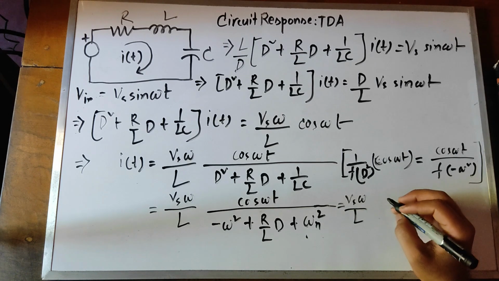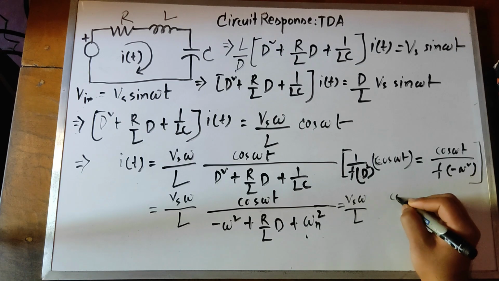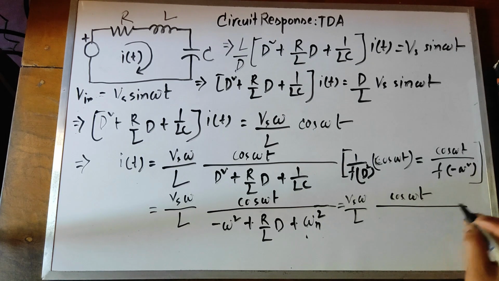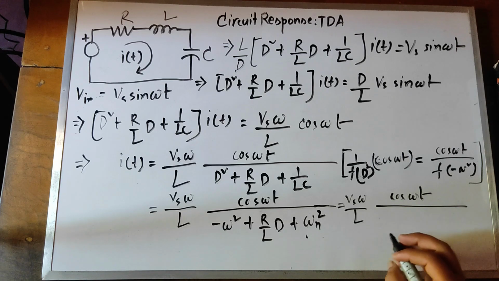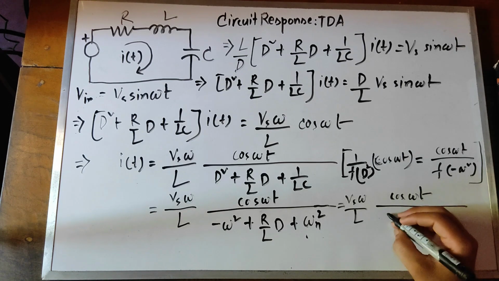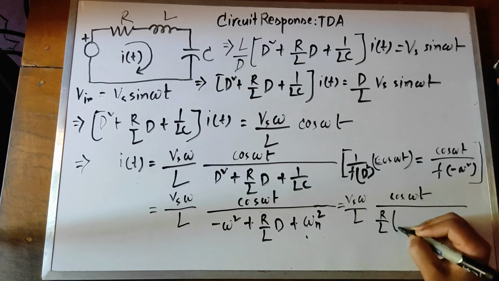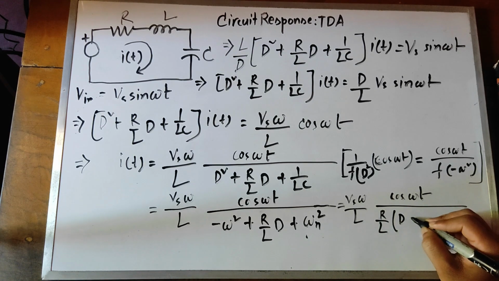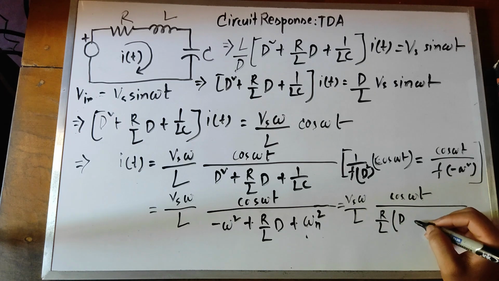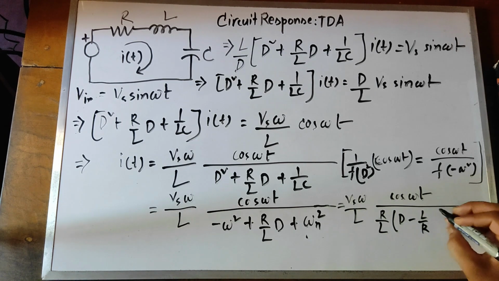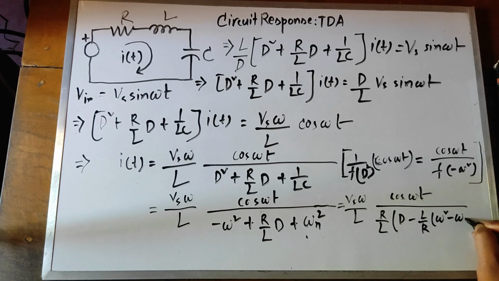So cos omega t by, I am taking R by L common, so D minus L by R (omega squared minus omega n squared).